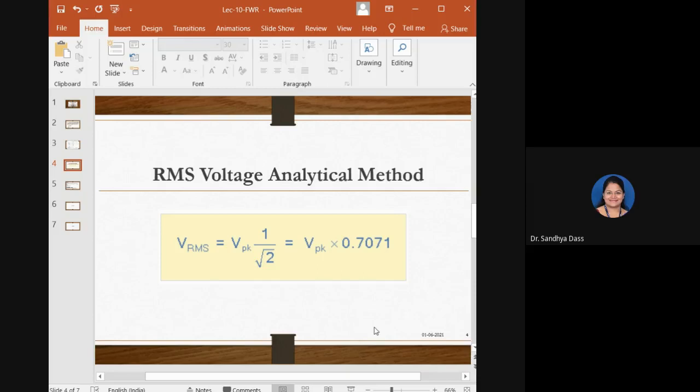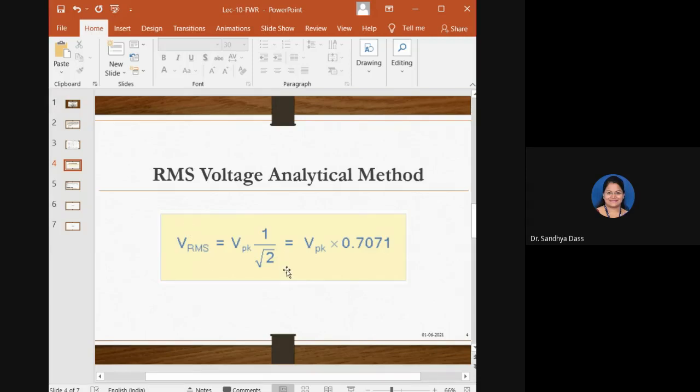If you are interested in this derivation, we have already derived it, and I can share that in Google Classroom. You can just go through it. Just note this down: Vrms is a simple expression, Vrms is equal to Vm by root 2.